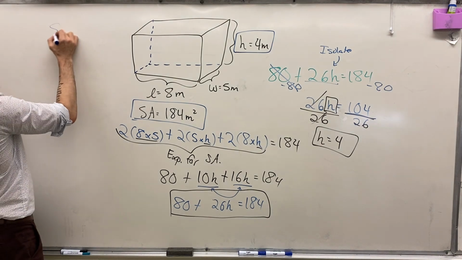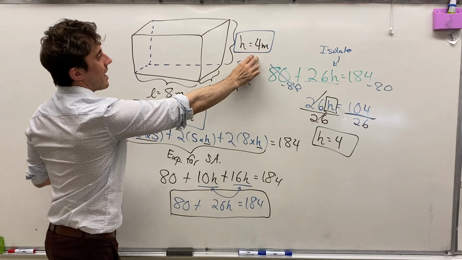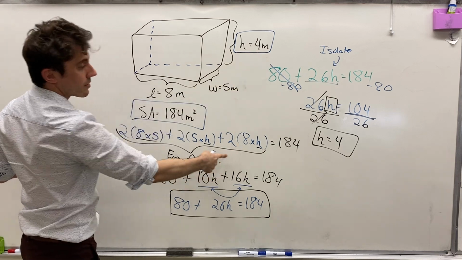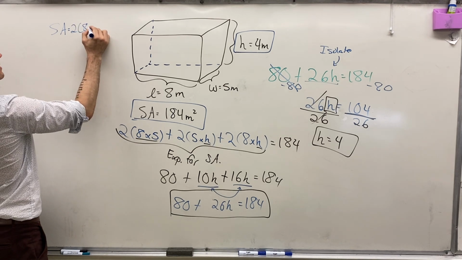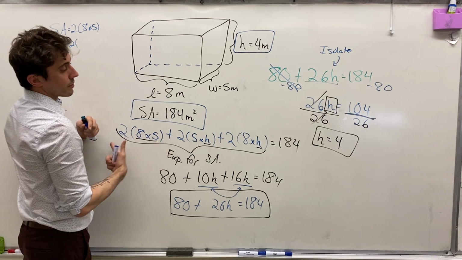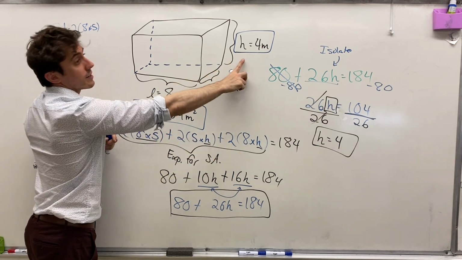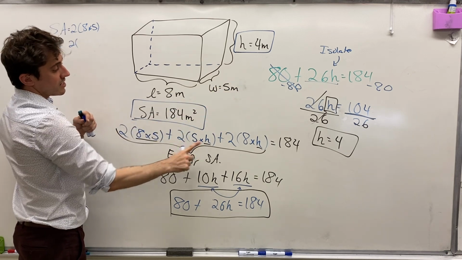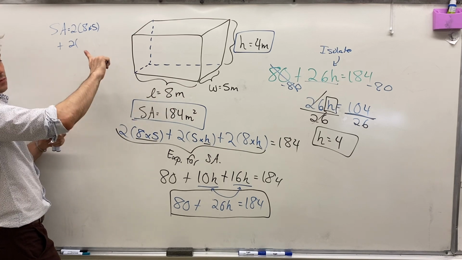We can check this just to make sure. So if we put our new value of 4 into our expression for surface area, now we'll have 2 times 8 times 5 plus 2 times, again, I'm just rewriting this expression for surface area now with our value of 4 in for h. So 2 times 5 times 4, right? Just verifying that our solution actually works.